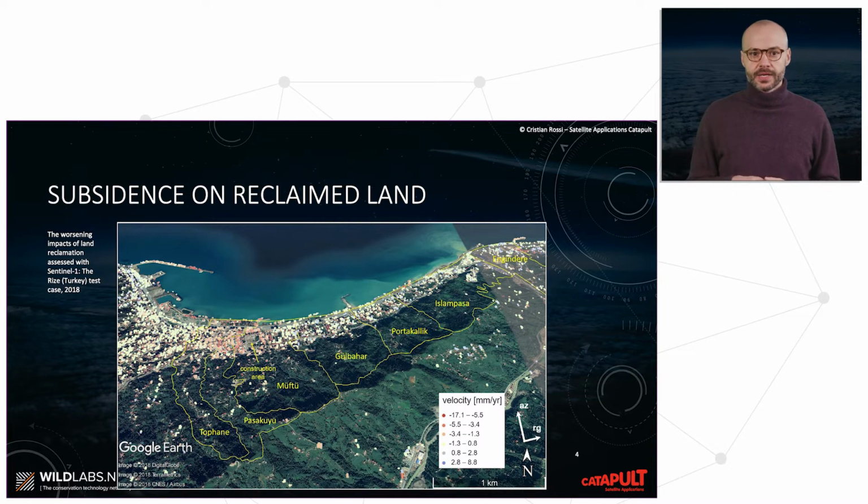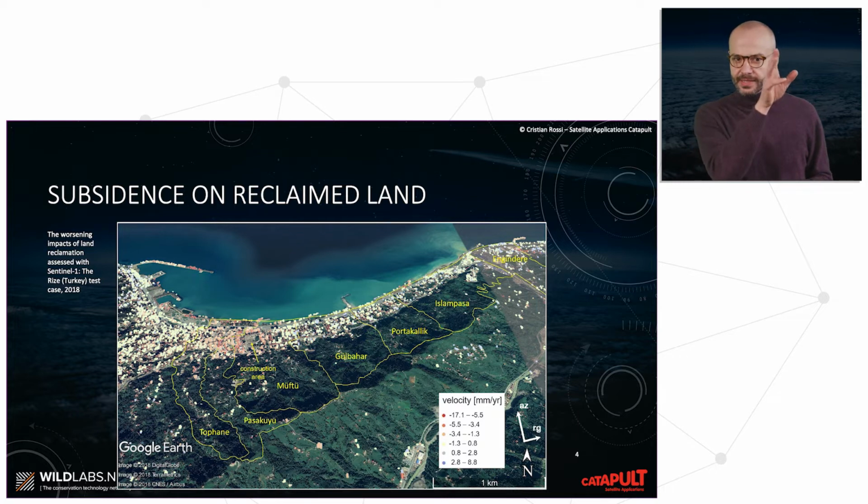Another example here, what we have is typically in the form of single measurements, and the displacements over here are single measurements over a city in Turkey. This is coming from a study that I have personally done.